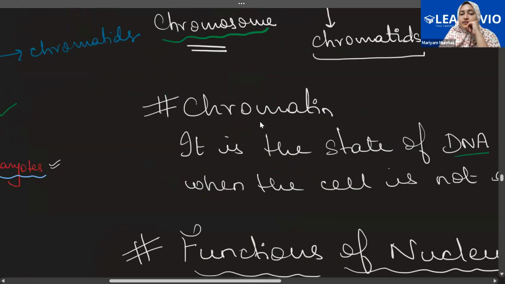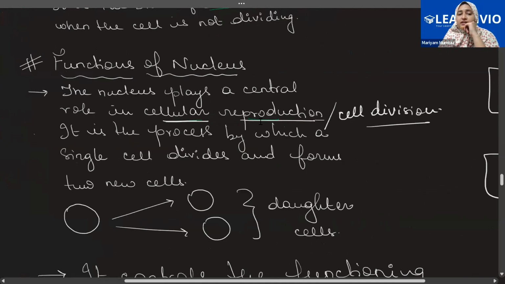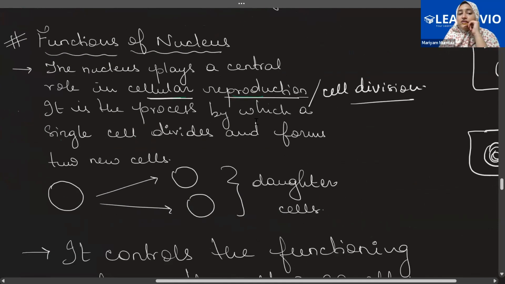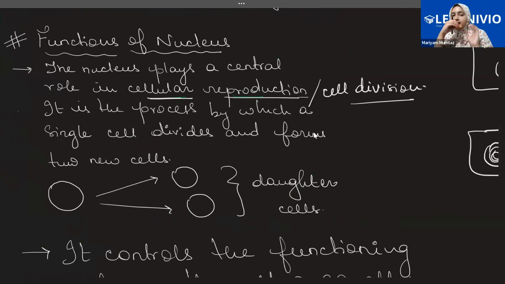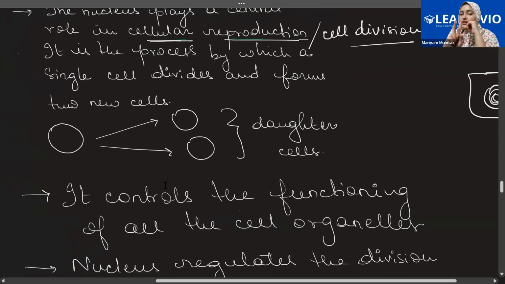Now, coming on to the functions of the nucleus. The nucleus plays a central role in cellular reproduction, or the other word for cellular reproduction is cell division. Without the nucleus, cell division cannot take place at all. Cell division is the process by which a single cell divides and forms two daughter cells.